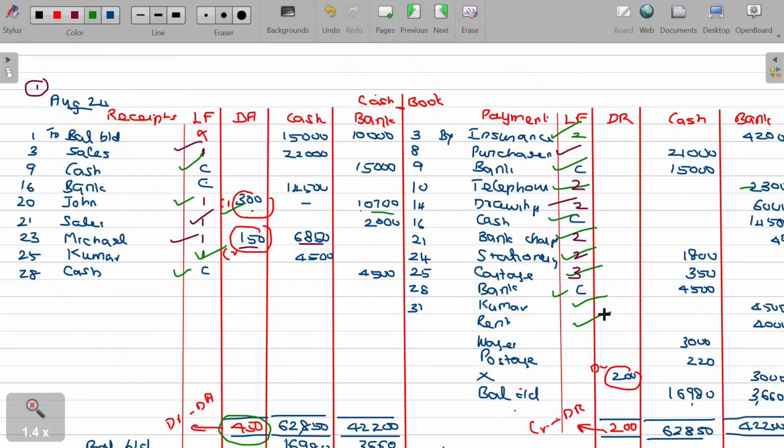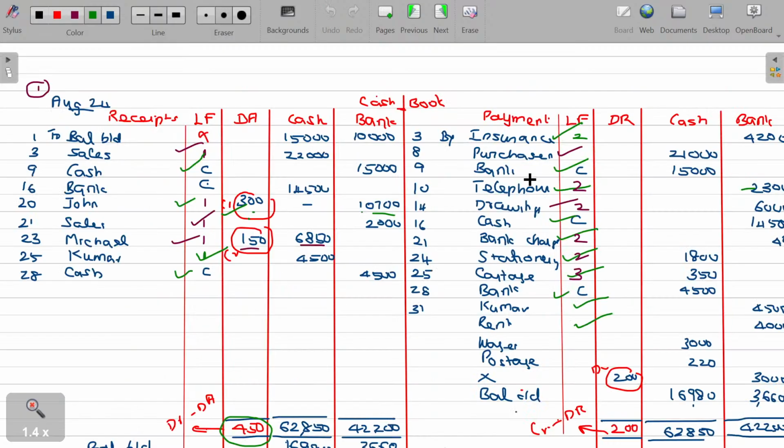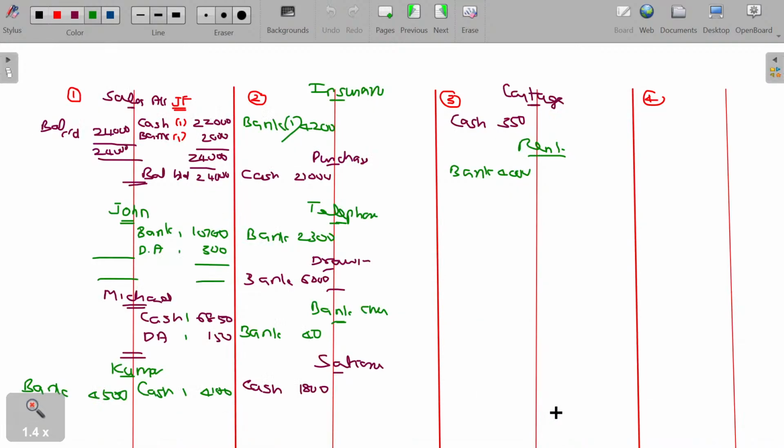Then rent 4,000 bank. Bank, the value being 4,000. Then wages 3,000 rupees. Cash, wages, cash, the value being 3,000.